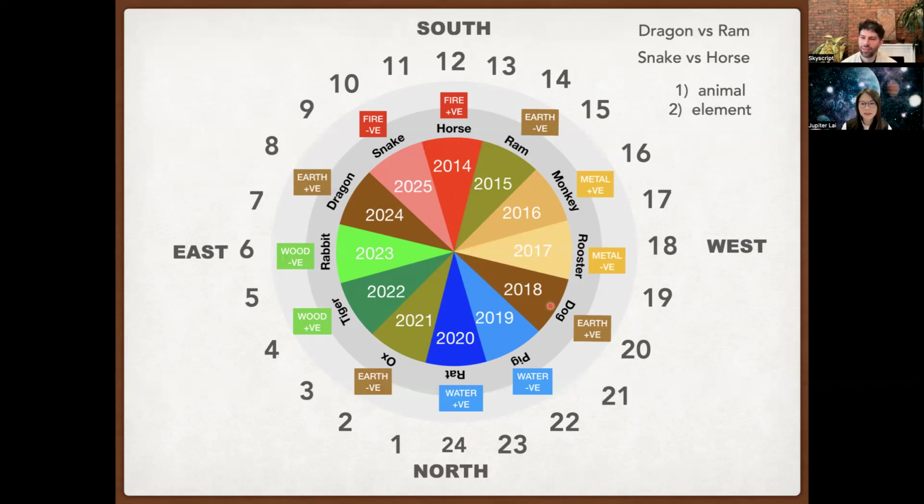And for different years of dogs, there are different kinds of element as the heavenly stem. So this adds more complication, but this is how the calendar works. We have 10 heavenly stems and 12 earthly branches, and they come together with 60 altogether. Wonderful. 60 combinations. Right. Okay, wonderful.